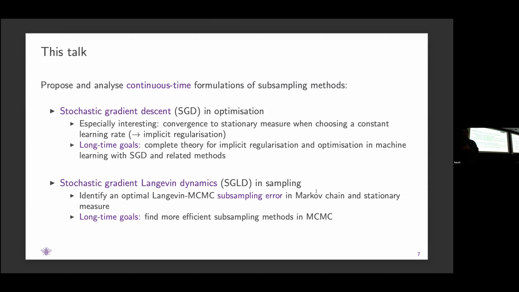What we see is that it does not always converge to a point, but when I use it incorrectly, it converges to a stationary measure, which might tell me something about the implicit regularization that it does. Because suddenly I don't converge to a minimizer, but to some broader class of things, which might be more robust in certain settings. And I think that's what the machine learners want.